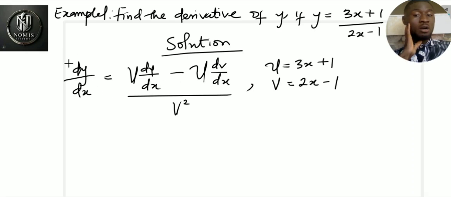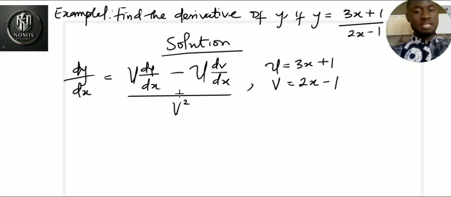We are looking for dy/dx, so let's look for du/dx, and then dv/dx. Then we put them back into this formula, and we also look for v squared, then compute the final answer.